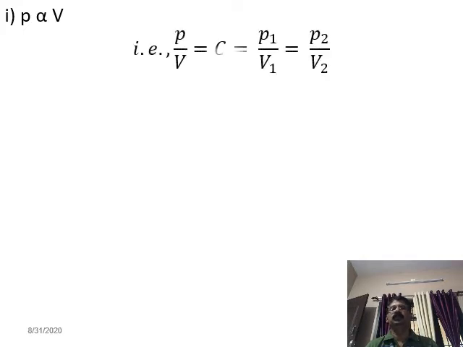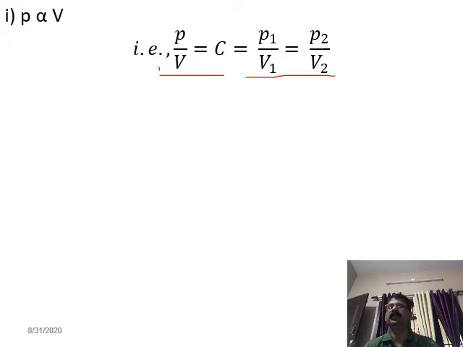Let's take the first condition now, that is P is directly proportional to V. That means P by V is equal to constant. P by V is also equal to P1 by V1 is equal to P2 by V2. Throughout the process, if you take any point, the ratio of pressure and volume is constant.